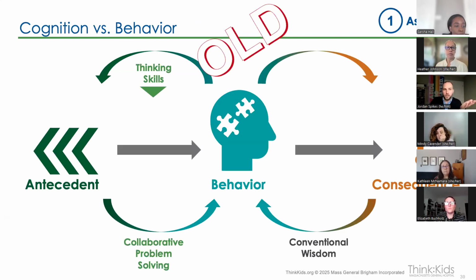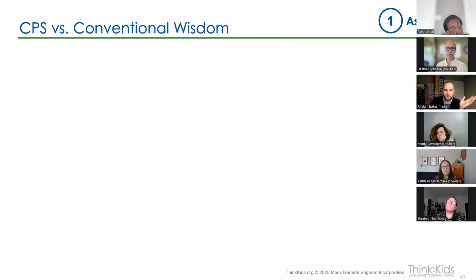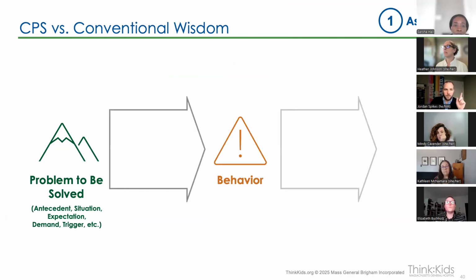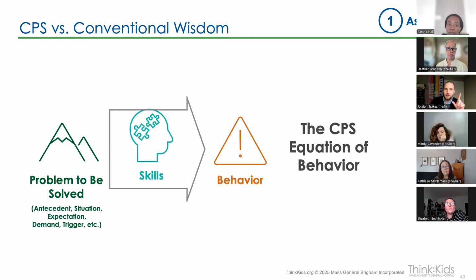So the old version, which you're all familiar with, and the new version, which looks really messy when you don't play it out in animation form, but it's very similar. We've got our problems to be solved, which leads to behavior, which leads to consequence. What's missing from this is skills. And then this is our equation of behavior: problem plus skills equals behavior.